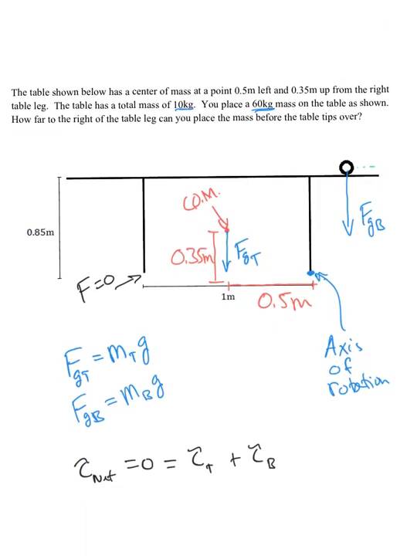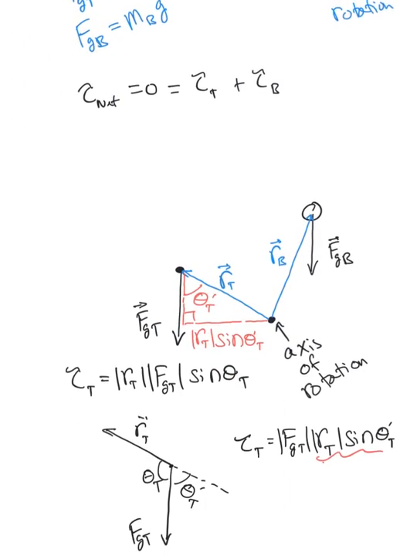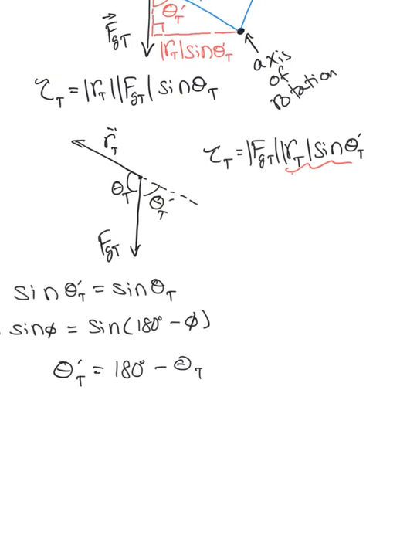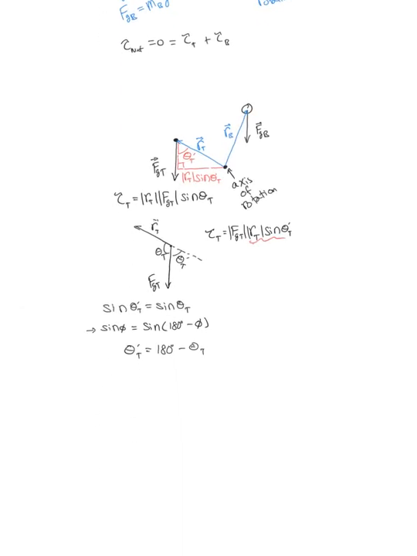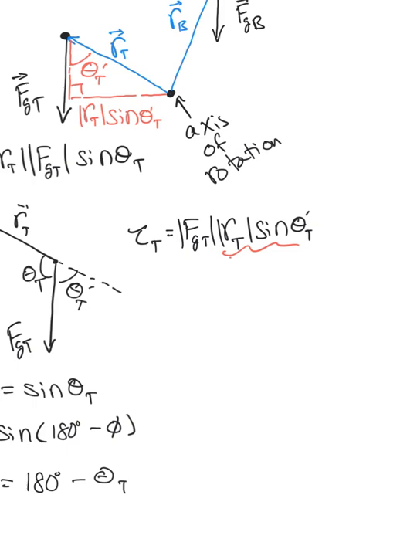That distance from our axis of rotation horizontally to the point where the force of gravity acts is 0.5 meters, which means that this component is just 0.5 meters.